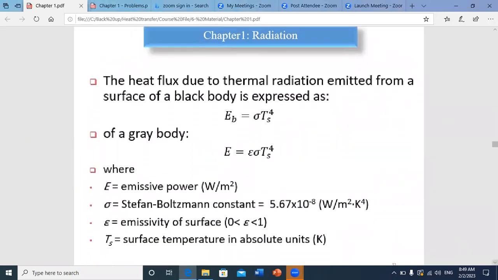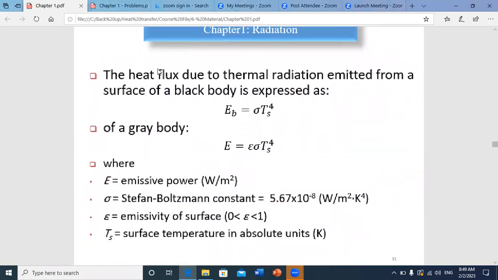As we discussed, the flux is sigma T to the power 4 for a black body. For a black body, the rate is sigma times area times T to the power 4, while for a gray body, we should add epsilon. So in case we are calculating in watt per meter square, we just do epsilon sigma T surface to the power 4. In case we want to find the rate in watt, we should multiply by the area of the surface.